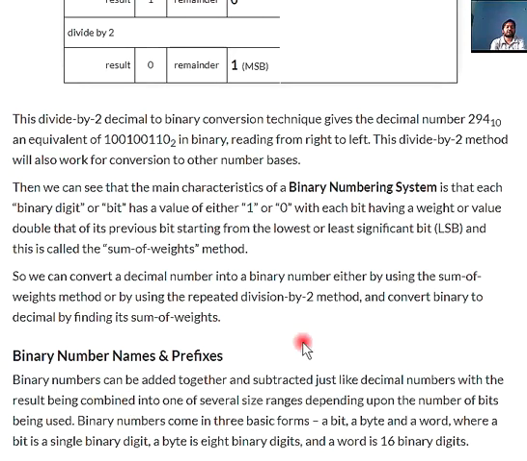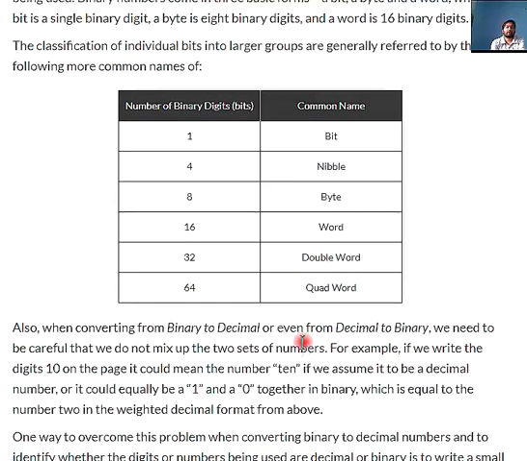Binary names and prefixes: we are going to study the binary number. 1 is 1 bit, 4 is a nibble, 8 is a byte, 16 is a word, 32 is a double word, 64 is a quarter word.